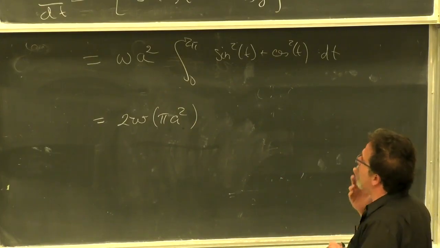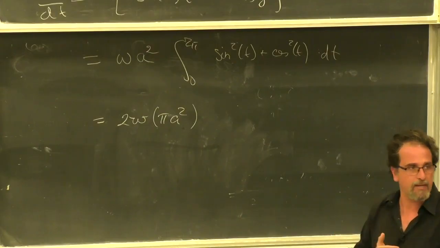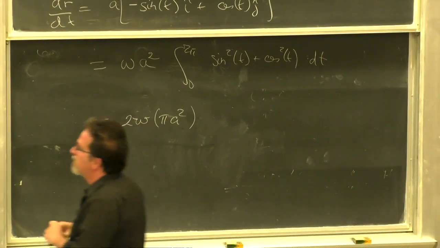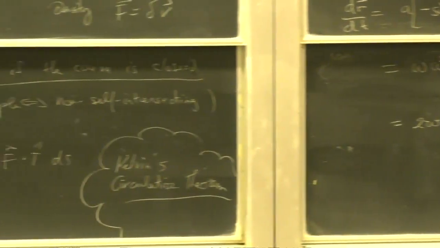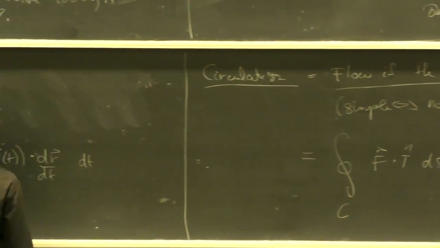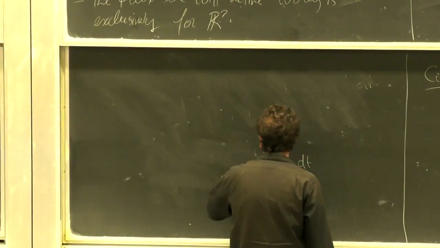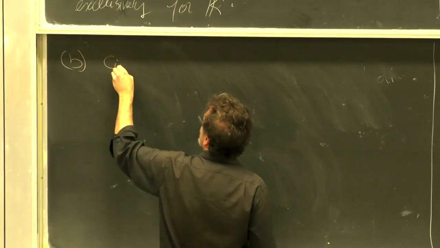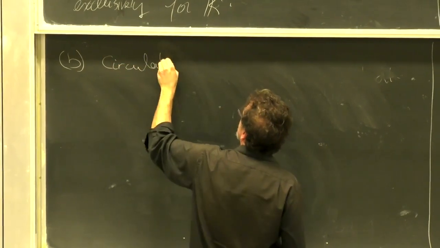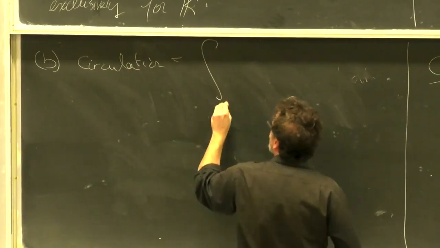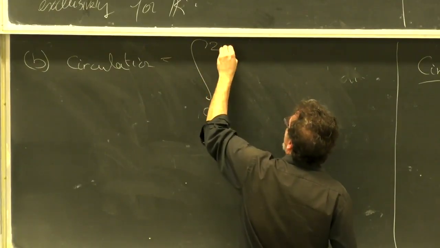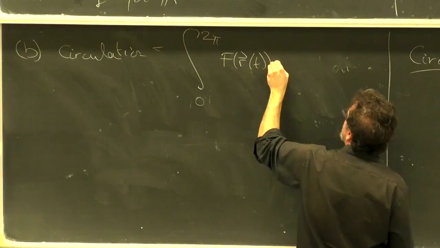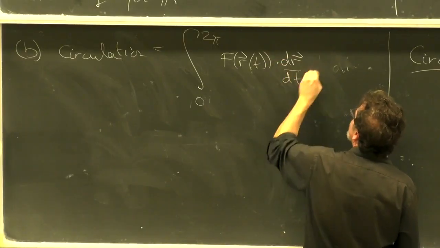And part B, I hope you get an intuition for this right off the bat. I don't have to work too hard to get part B. Because notice that for part B, it's the same curve, same circle. Part B, the circulation is equal to the integral from 0 to 2 pi of F of part B of r of t dot dr dt, integrated with respect to time.